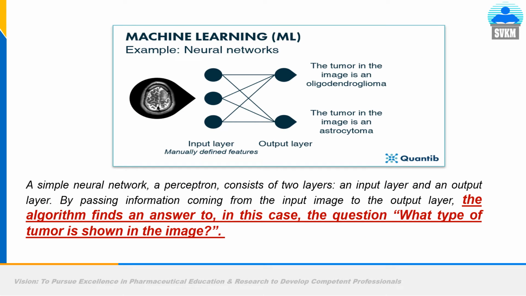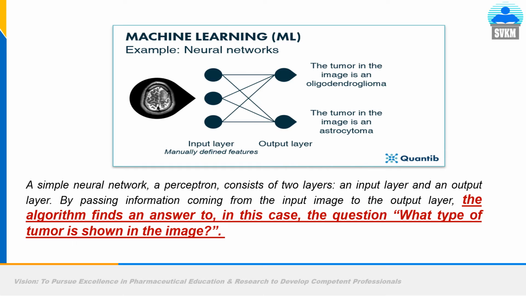Here we talk about the neural network, a type of deep learning. A simple neural network, a perceptron, consists of two layers, as we have already seen in earlier videos: an input layer and an output layer. By passing information coming from the input image to the output layer, the algorithm finds an answer to, in this case, the question: what type of tumor is shown in the image?